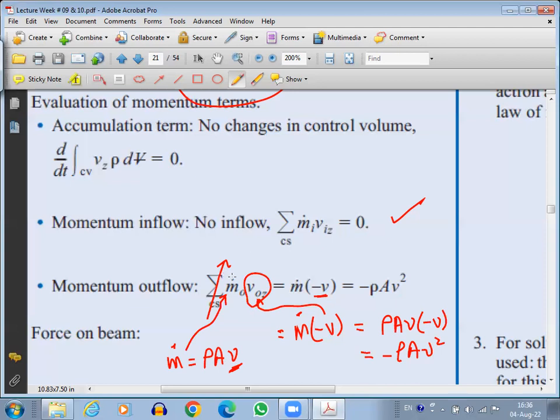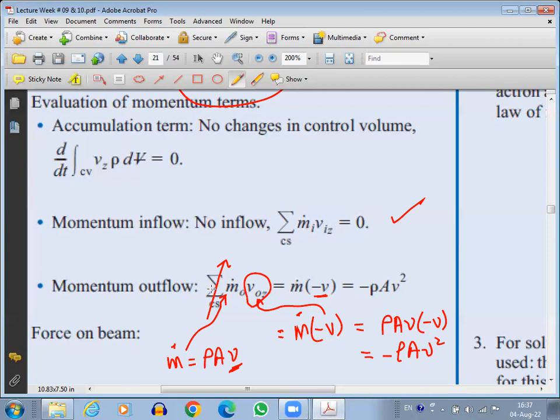Why? Because in this formula, for the velocity which is associated with the momentum, we have to consider whether the momentum is positive or negative. But in order to calculate the mass flow rate, we don't need to check whether the velocity is positive or negative. We just need to know how much the mass flow rate is. Mass flow rate itself is a scalar quantity.